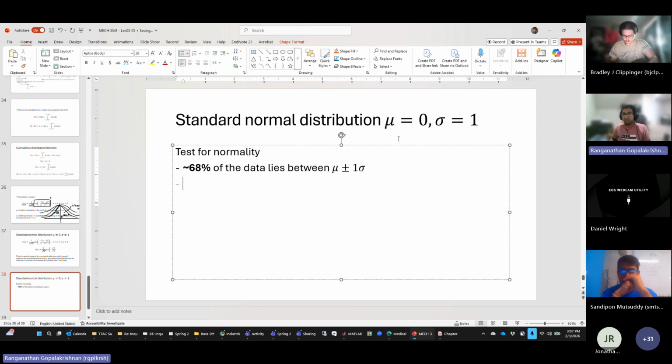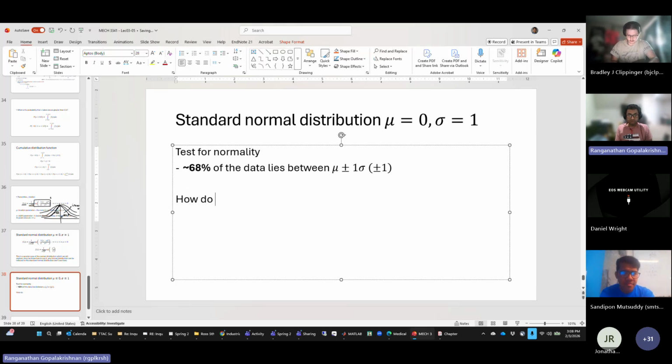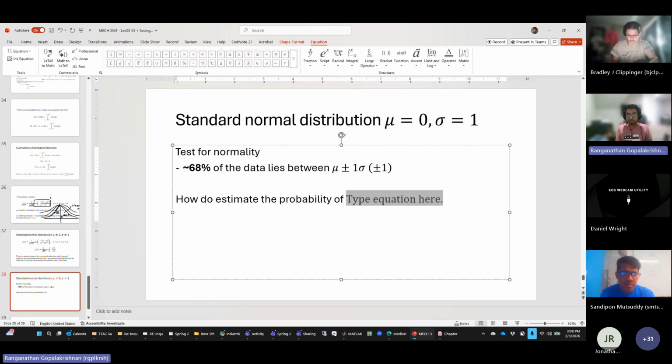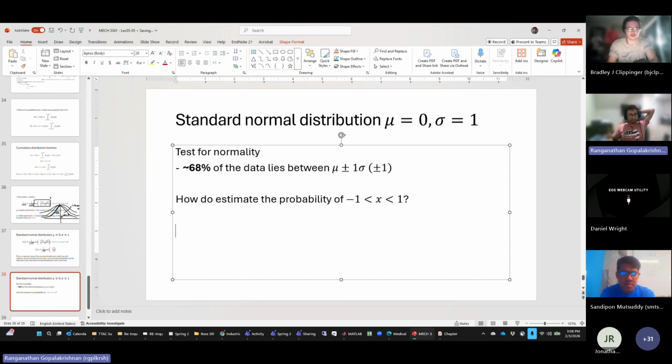In our case, mu is 0, standard deviation is 1, which is like saying if it lies between plus minus 1. Now how do you estimate the probability of x lying between minus 1 and 1? You know this, you just told me the answer.